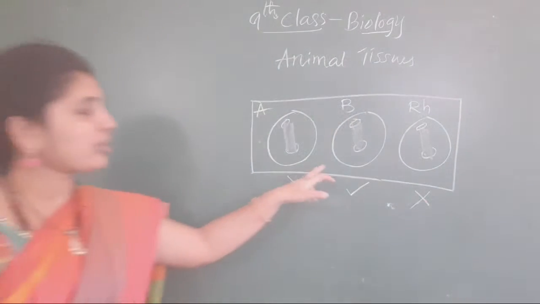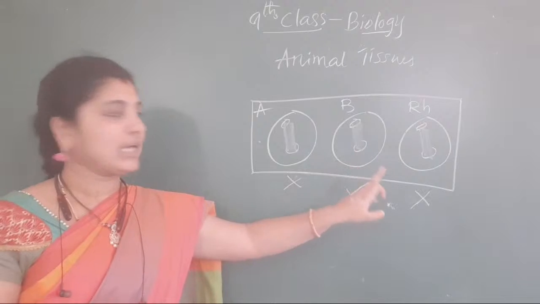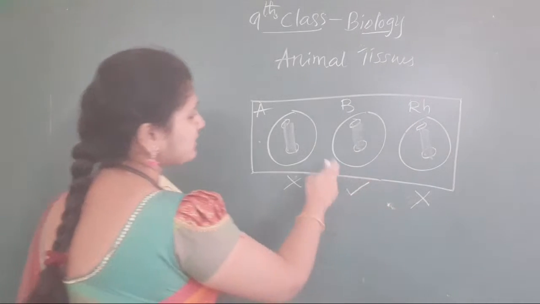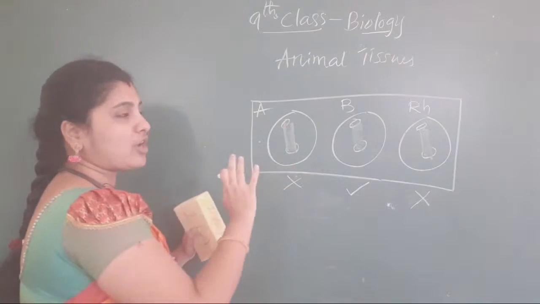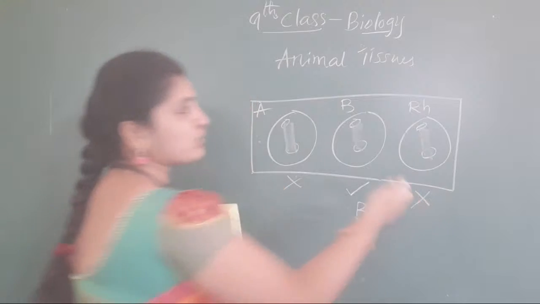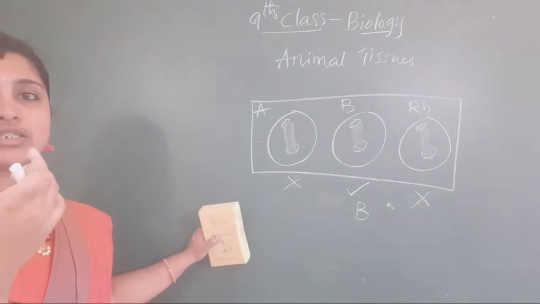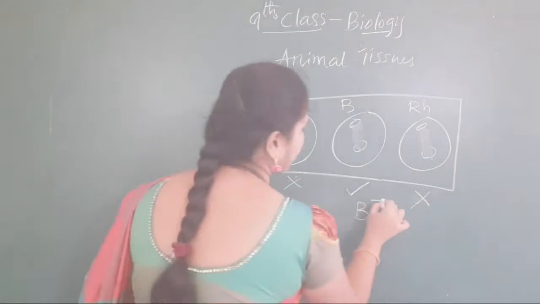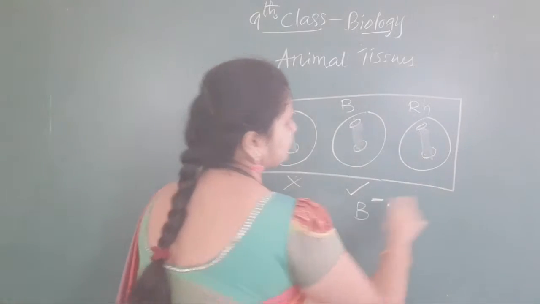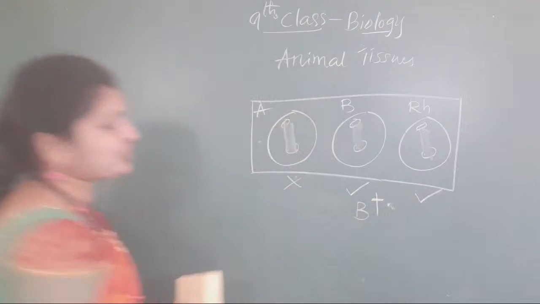So what is your blood group here? B negative, because A is not there, so it is not your A blood group. RH also you have not seen clumps, so B negative. If you have seen clumps in RH, then it is B positive.